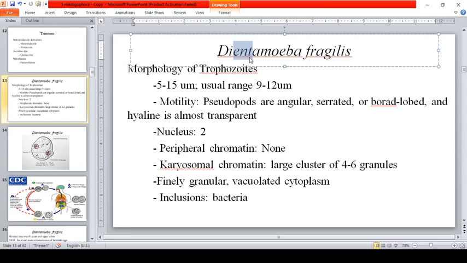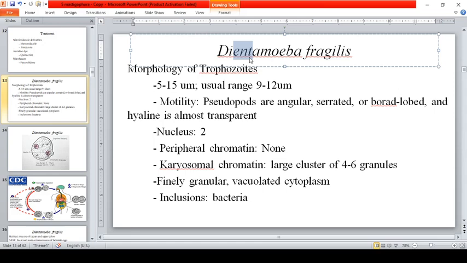The species name fragilis refers to the fact that this is a fragile parasite. They do not survive long in the stool after leaving the body of the human host. It dies and dissociates when placed in saline, tap water, or distilled water. So, madali po siyang mamatay.